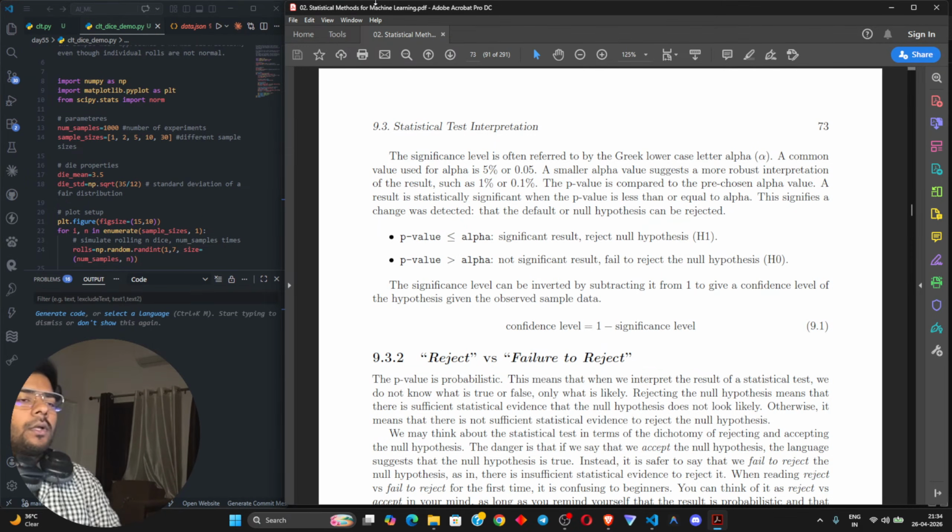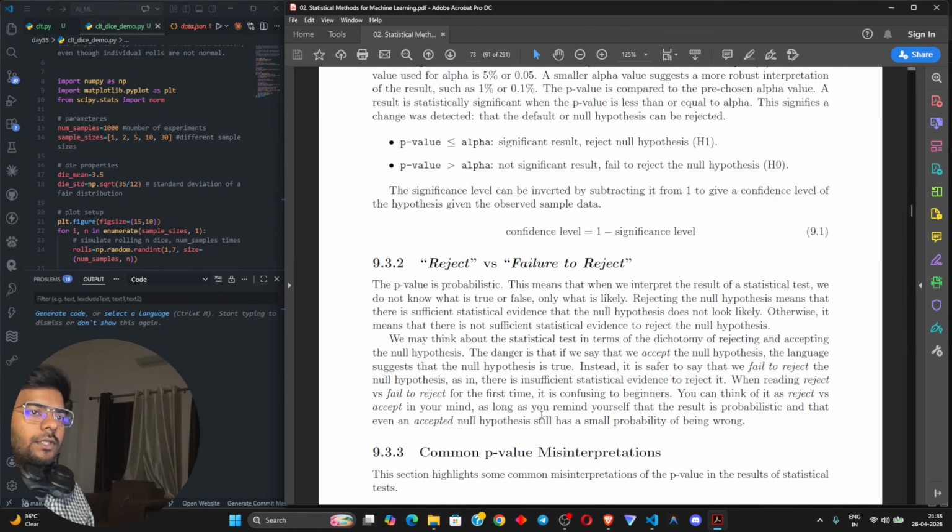The significance level can be inverted by subtracting it from 1 to give a confidence level of the hypothesis given the observed sample data. Confidence level is equal to 1 minus significance level.